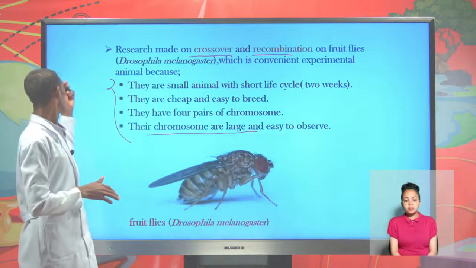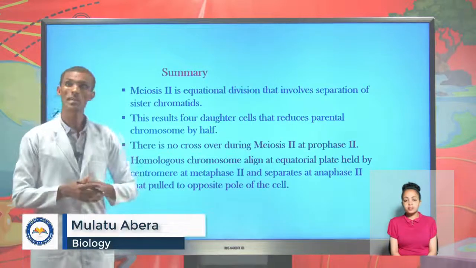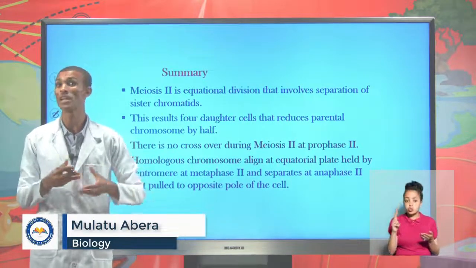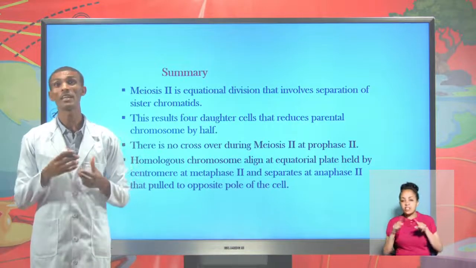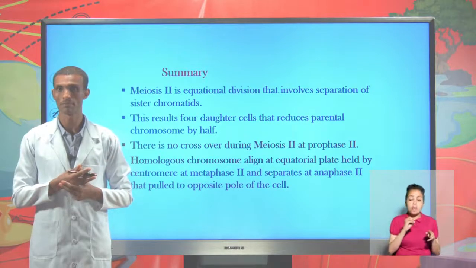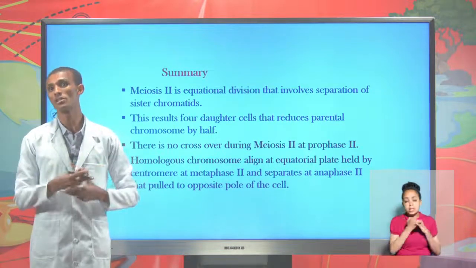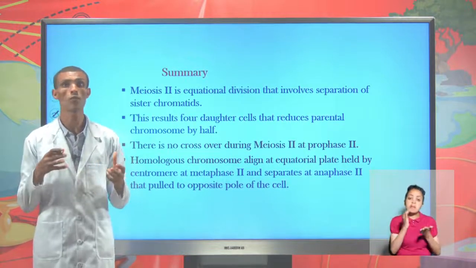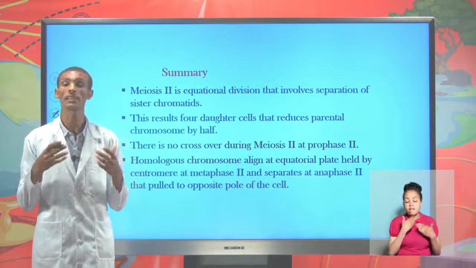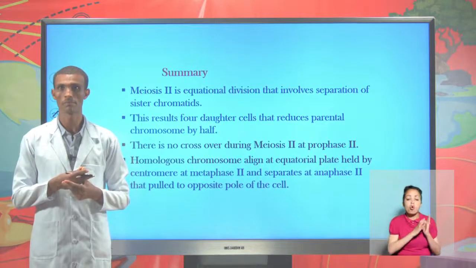Students, in today's lesson, we have seen that meiosis II is an equational division that involves separation of sister chromatids. At the end of meiosis II, there is production of 4 daughter cells that have half the number of parental chromosomes.